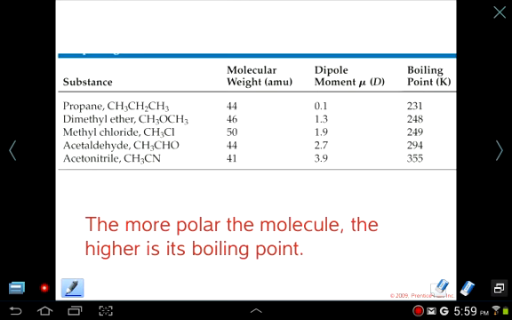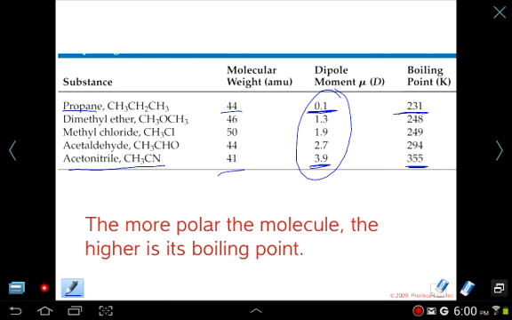So if you take a look, here is the dipole moment. This is essentially a measure of the strength of the polarity of the molecule, how polar the molecule is. If you take a look at acetonitrile, which is very polar, it has a very high boiling point, which means the particles have strong forces keeping them together, whereas propane has a similar molecular weight, 44 versus 41, actually a little heavier, but the polarity is very, very low. We can say it's nonpolar, and it has a low boiling point.